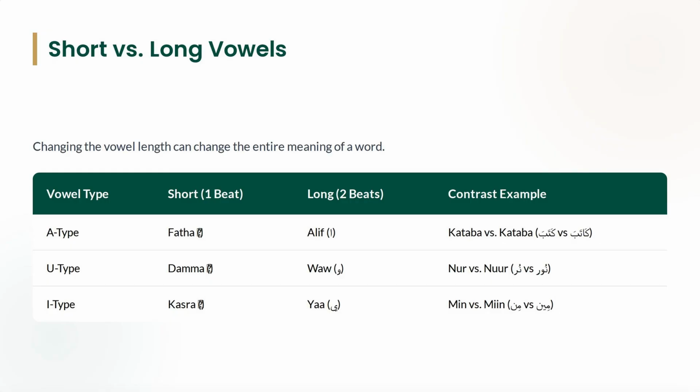So if we want a conclusion, the letter alif is a long version of fatha, and the long vowel wow is a long version of dhamma, and ya is a long version of kasra. Let's see some more examples.